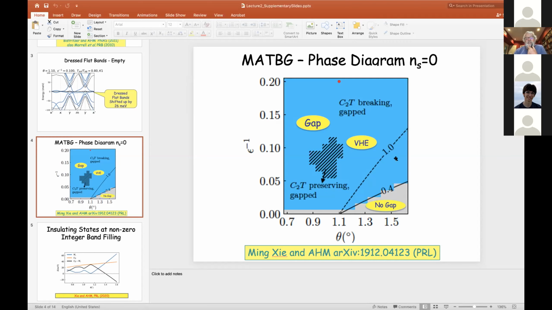So if you actually do Hartree-Fock calculations, as in this paper published in PRL, it turns out that because the wave functions are more complicated, that instability to a gap state occurs at this interaction strength.